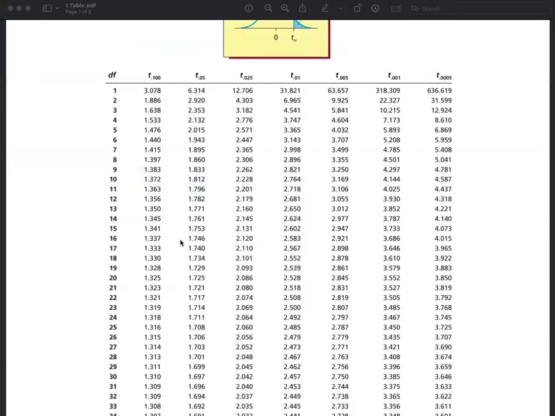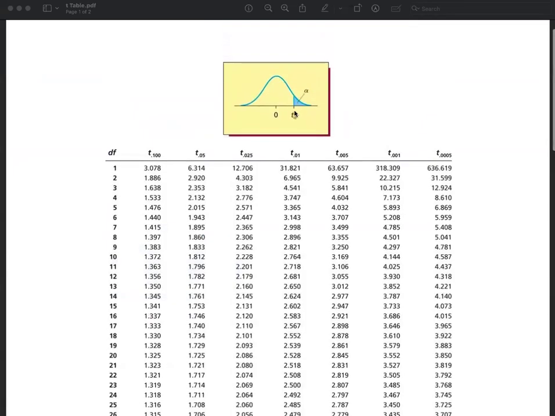Our table by default gives us positive t-scores, but since the t-distribution is symmetrical with respect to the mean, then we can just get the mirror image of that to get the negative critical values. So instead of looking for the t-score with 10% to its left, we will look for the t-score with 10% to its right here in this table, and then just convert that to negative later.